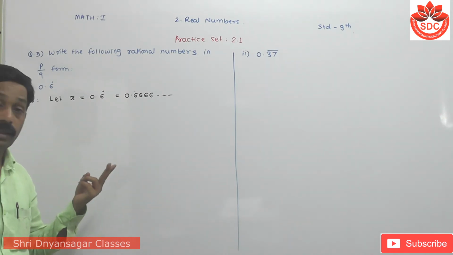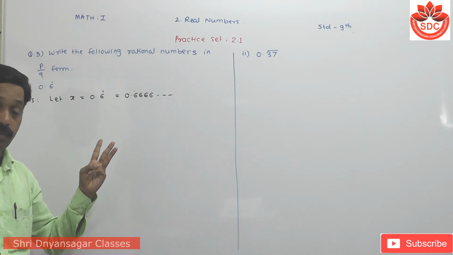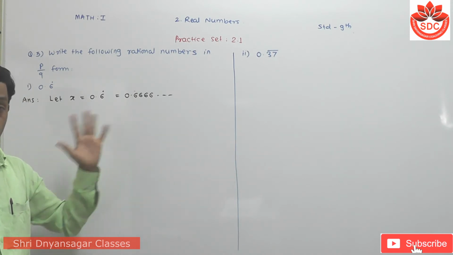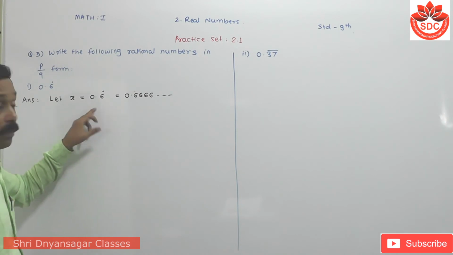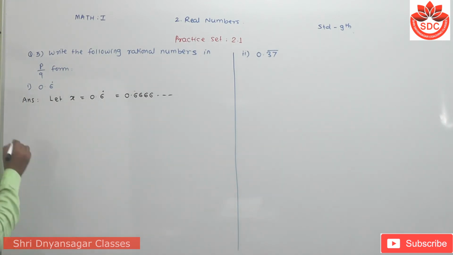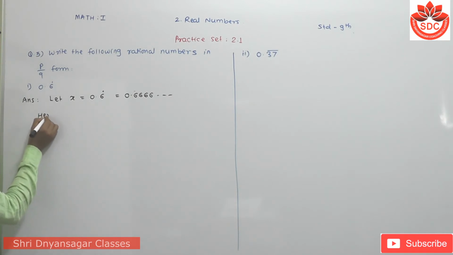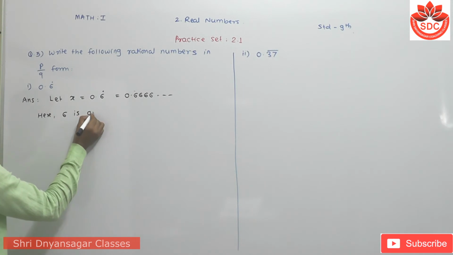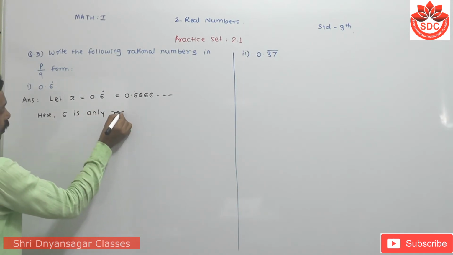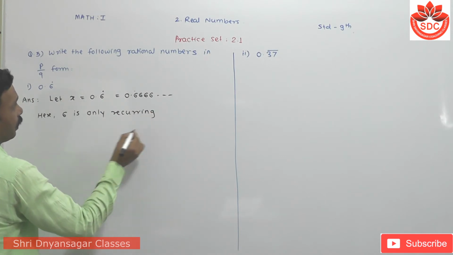If 2 digits are recurring, multiply by 100. If 3 digits, multiply by 1000 and so on. So you have to multiply this example by 10. So here I write 6, which is the only recurring number.